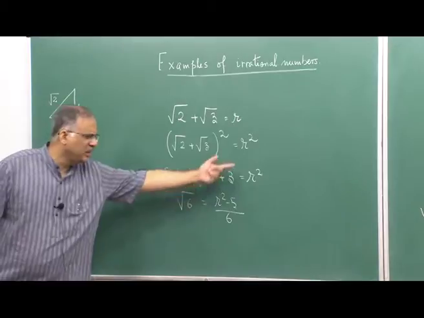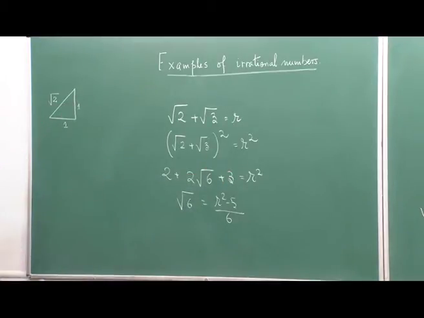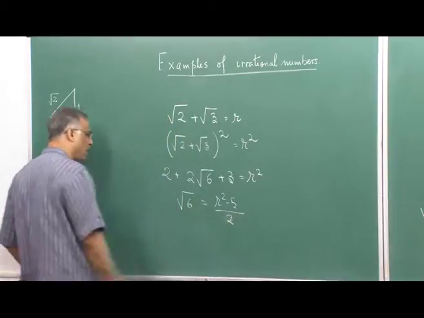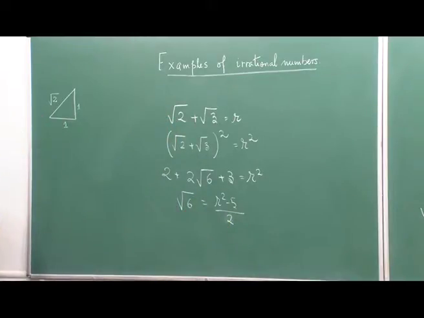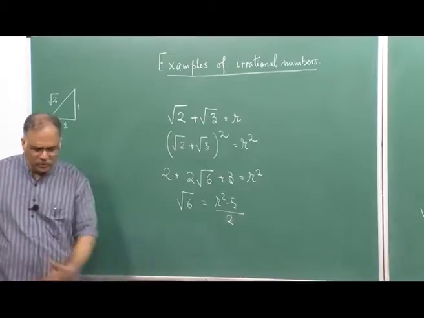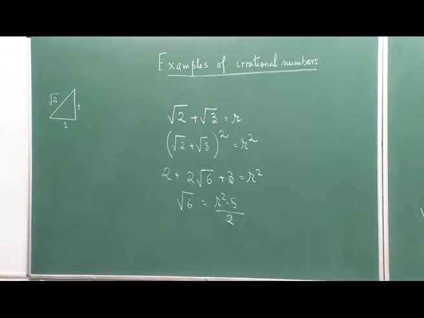You add 2 plus 3 and take that to the other side and divide by 2. Now, if r is a rational number, r square minus 5 is a rational number. If you divide two rational numbers, they will give me another rational number.